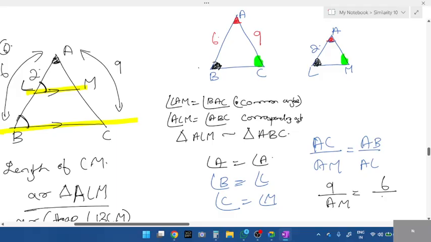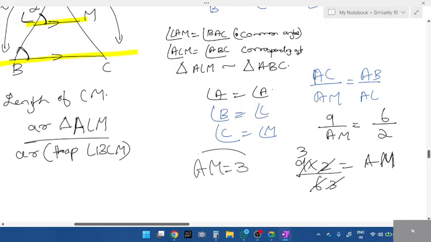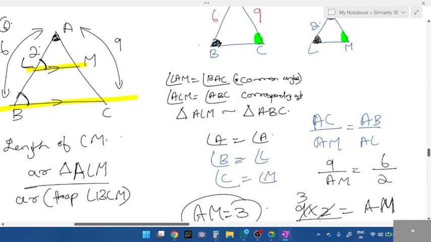What is AL? 2. How do you solve this question, students? AM will get multiplied. 9 into 2 is equal to, not AM divided, AM into 6, right? The 6 will get divided. What's the answer? 3. What is AM, students? What have they asked us to find? AM or CM?